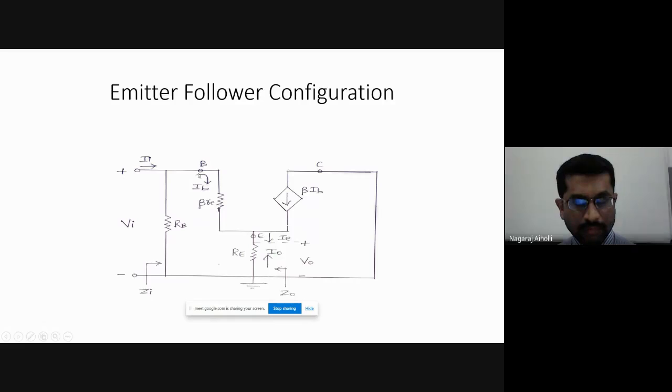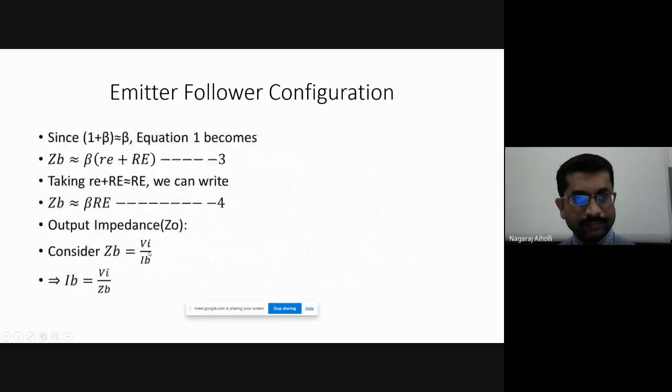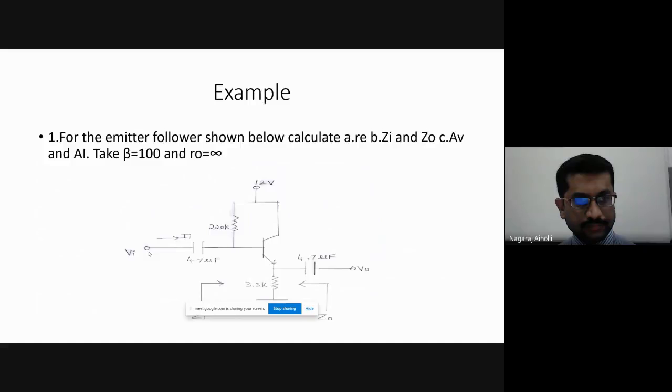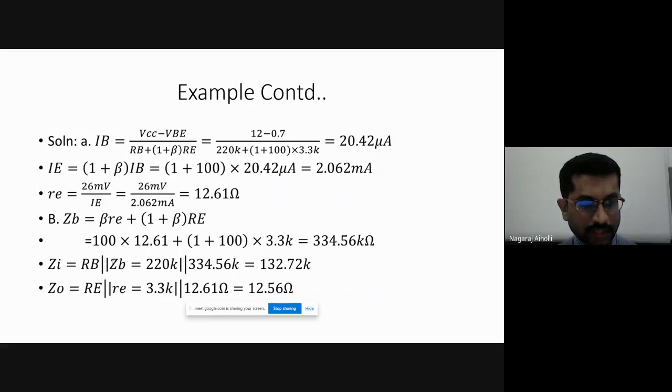ZB is the impedance looking from the base terminal to ground. Therefore, RB parallel ZB gives the input impedance ZI between the input terminals, base and emitter. Therefore, ZI is equal to RB parallel ZB.